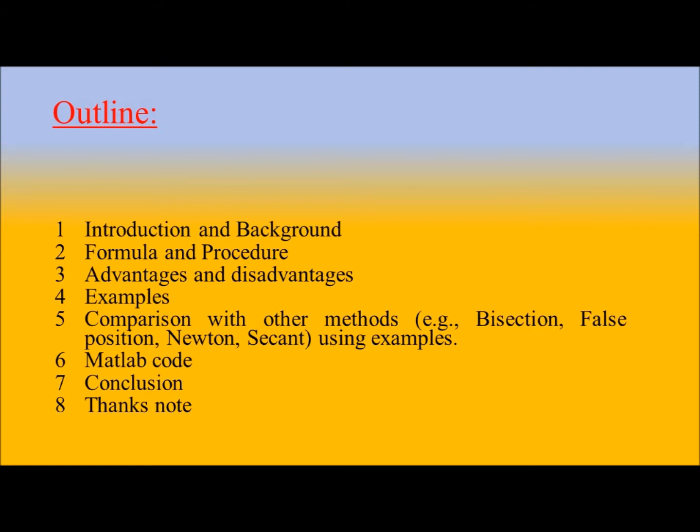The other methods that I am going to compare are the bisection method, false position method, Newton method, and secant method. After that, I will show you MATLAB code for this type of method. At the end, I will present my conclusion.